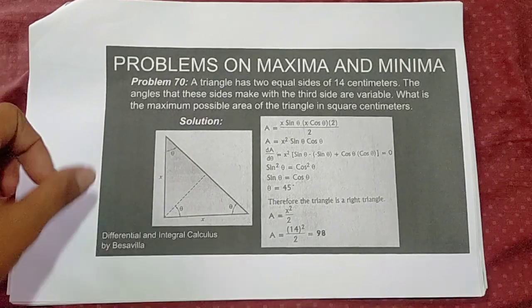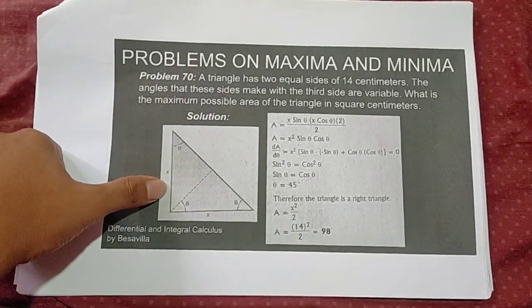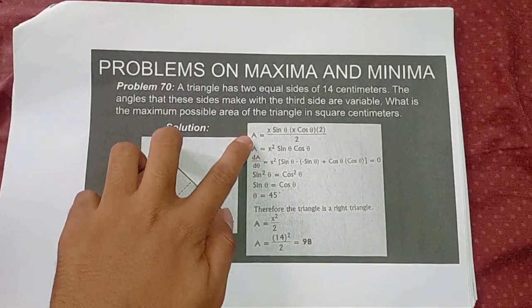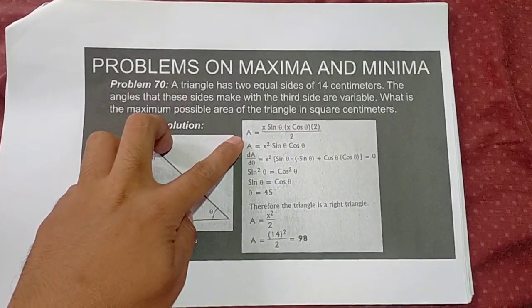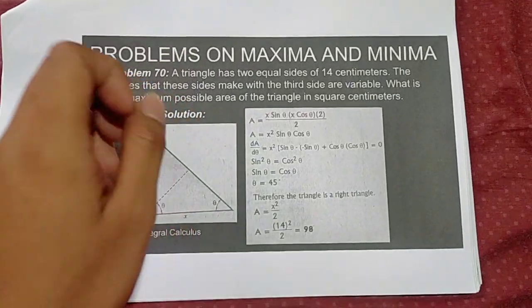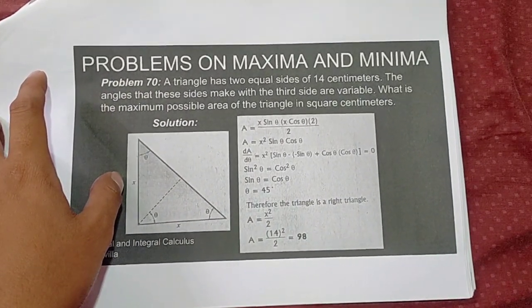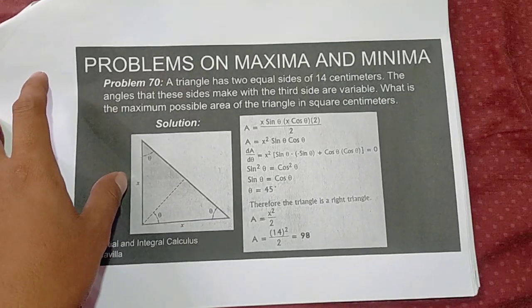In the solution, this is the figure of the triangle, and A is for area. So A is equal to x sine theta times the quantity x cos theta times 2, over 2.